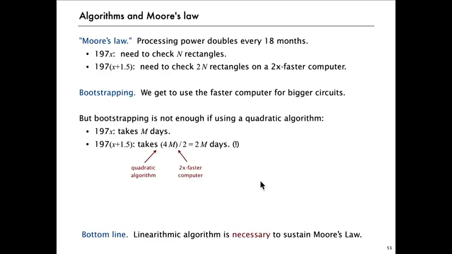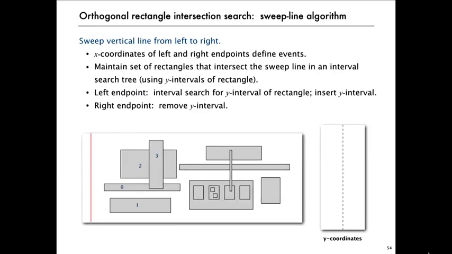And it was Ed McCreight at Xerox PARC who discovered interval search trees and the logarithmic algorithm that allowed us to sustain Moore's law and keep building bigger and bigger computers by changing this quadratic algorithm to a linearithmic algorithm. And let's see how it works. Really, it's a modification of the sweep-line algorithm that we looked at for intersecting lines, but now we're going to use that for intersecting rectangles.